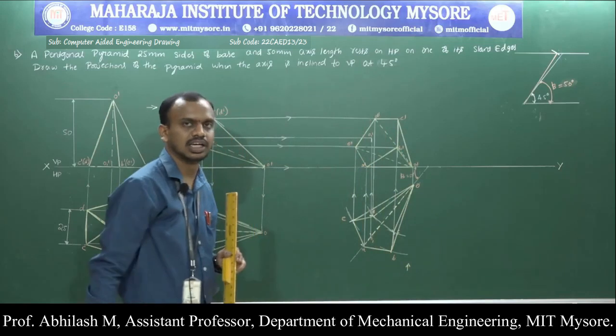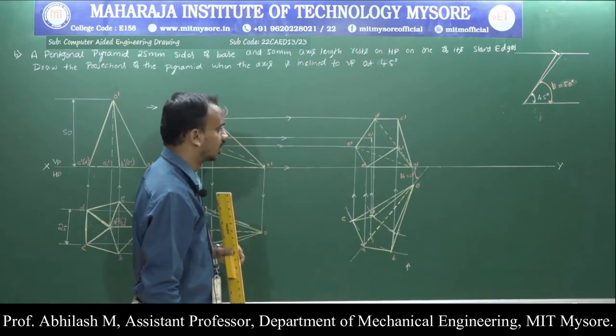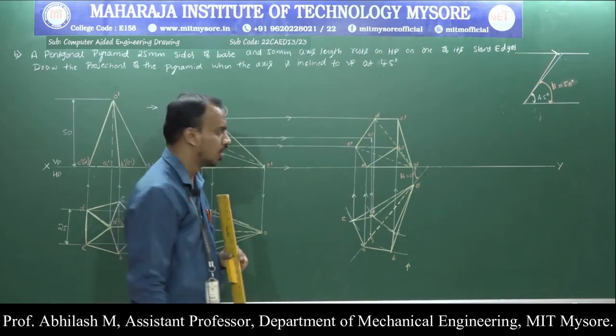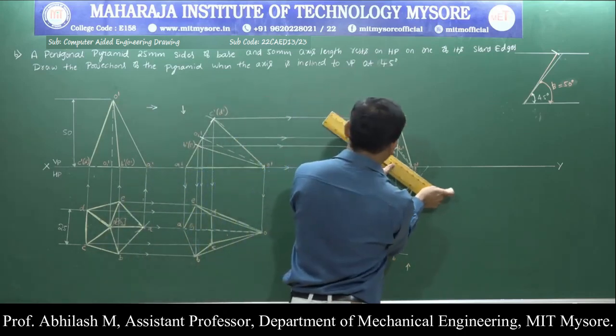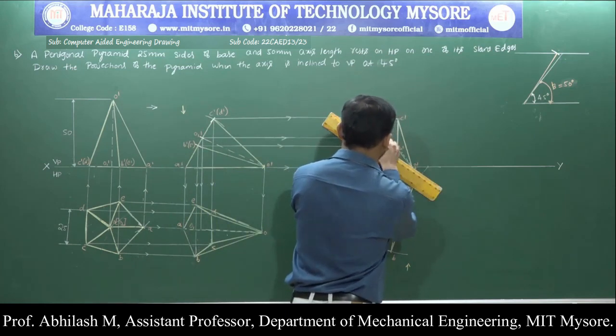Now are we done with all the sides? Yes, we are done with all the conditions that are specified, but we have not represented the axis. So for that, indicate from O dash to O1 dash.